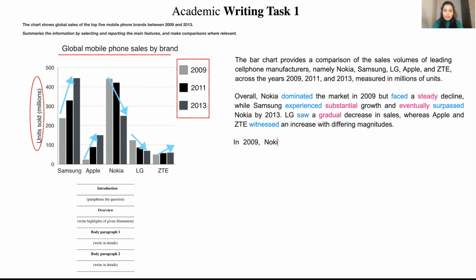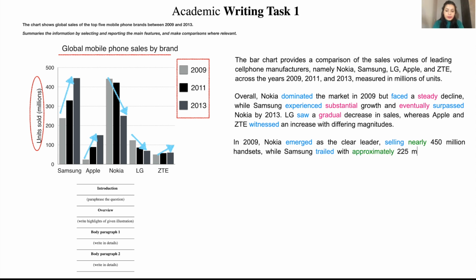In 2009, Nokia emerged as the clear leader, selling nearly 450 million handsets, while Samsung trailed with approximately 225 million units sold.